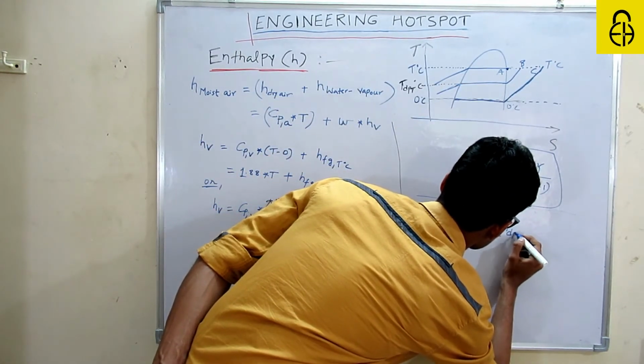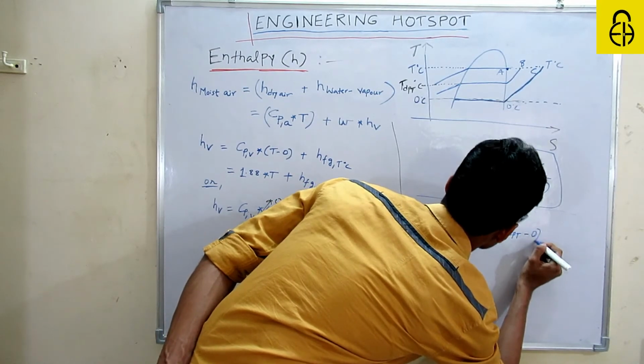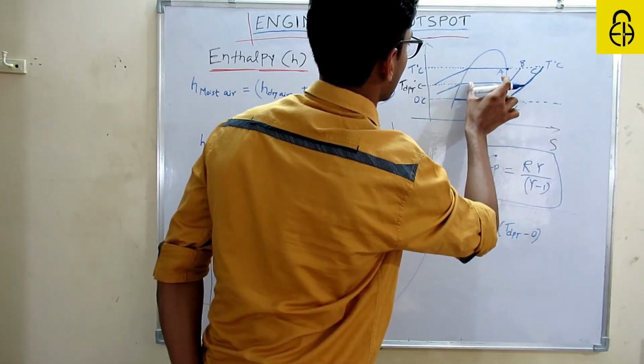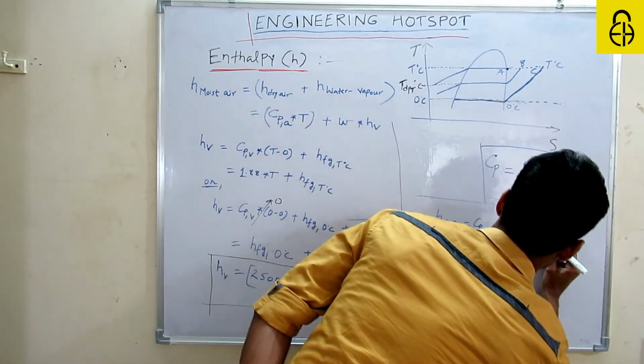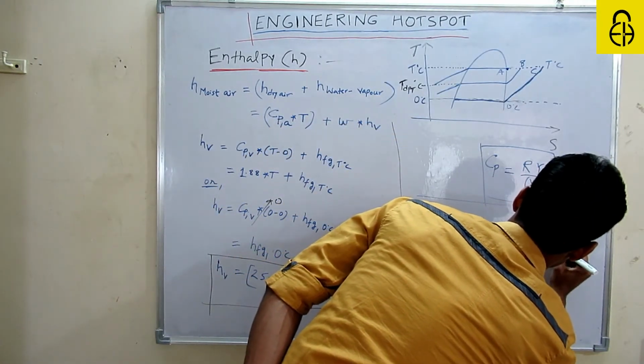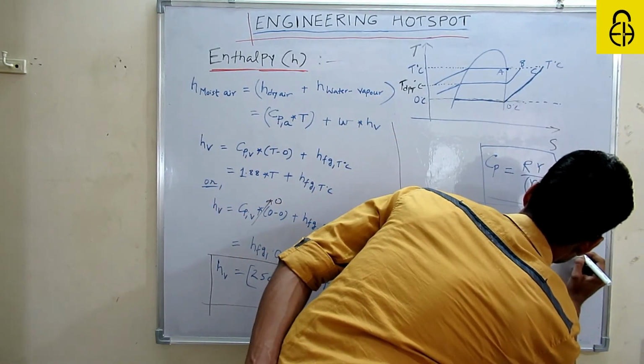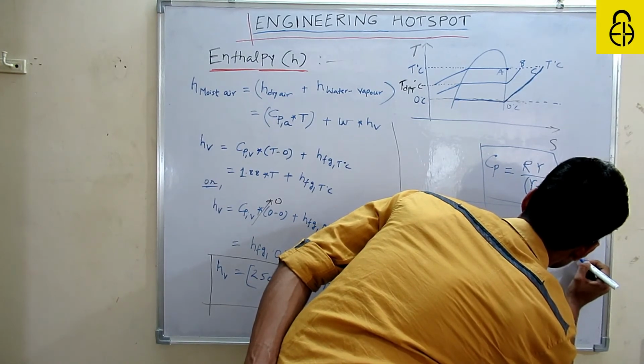So T dPt minus 0. This is the sensible part. Now comes the latent part. So it will be HFG at T dPt.